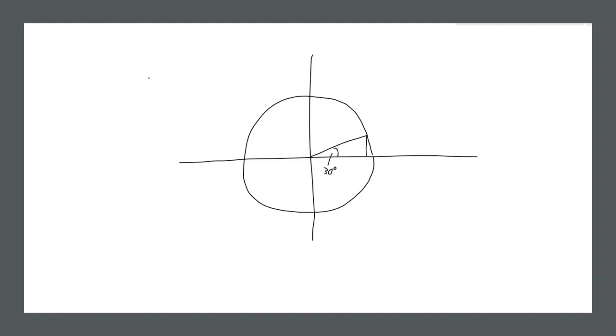But what it comes down to is you've got three triangles. This is 30 degrees with coordinates root 3 over 2, 1 over 2. This is the same triangle positioned in a different way with coordinates 1 over 2, root 3 over 2, and it corresponds to 60 degrees, whereas this one corresponds to 30 degrees.